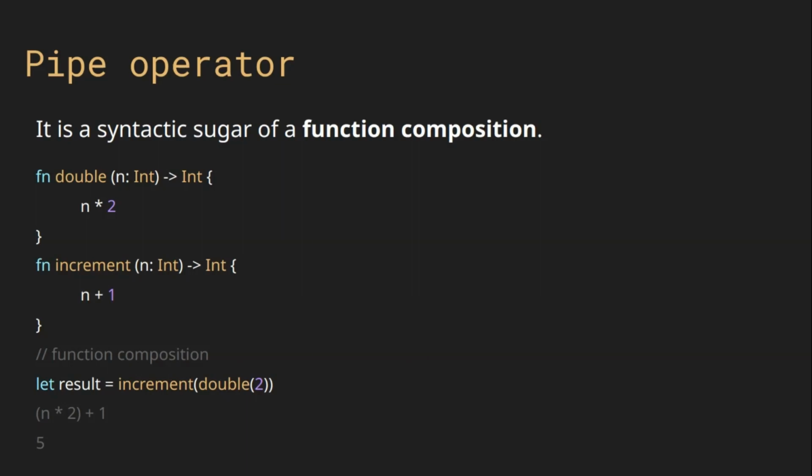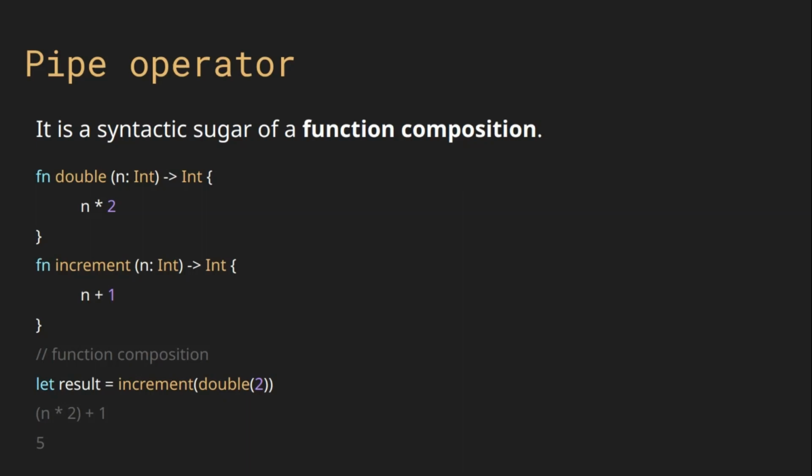Well, let's say that you have two functions. One is called double and takes an integer and multiplies it by 2, and then you have an increment function. Let's say that you want to apply both functions to some value 2.